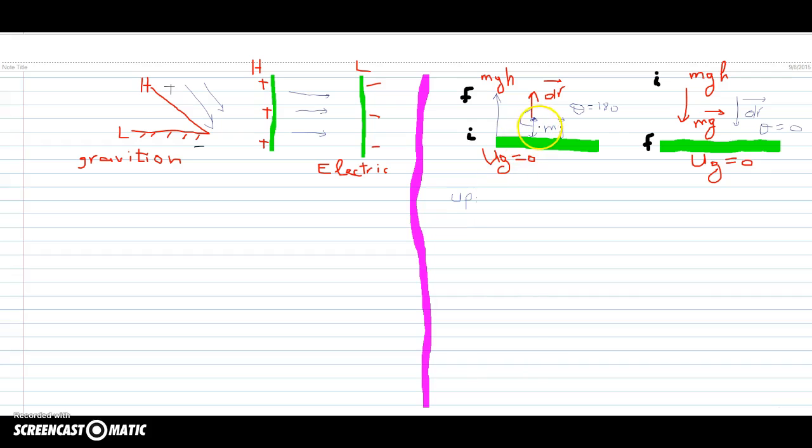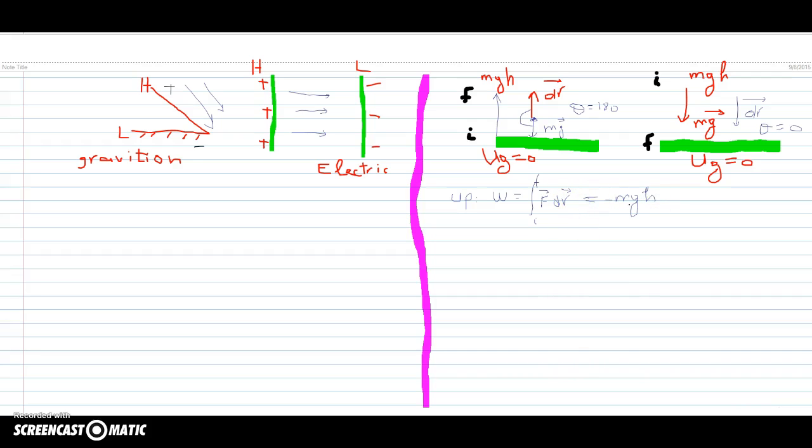Now, if I want to evaluate the work done by mg when going from this point to this point, initial and final, then the work is just the integral from initial to final of F dr, which is mg dr. Now I'm not going to evaluate this work, but you understand the angle is 180, so this work is just minus mg, and the integral of dr, which is h in our case.